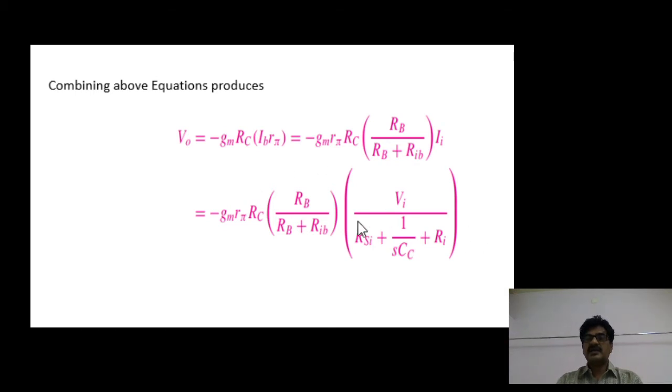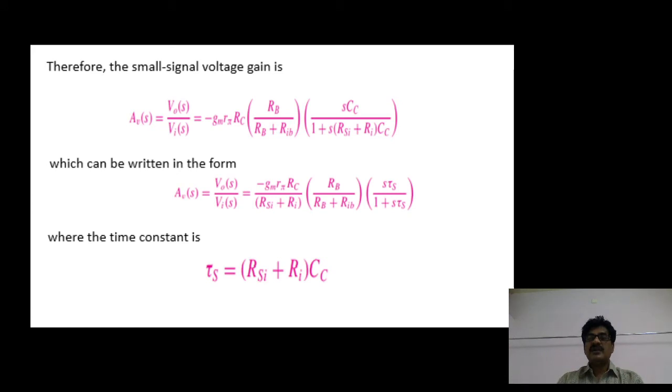Substituting V pi, then IB, then Ii, finally the voltage gain Av equals V naught by Vi, which equals minus gm Rc into RB by RB plus Rib into sCc divided by 1 plus s of Rsi plus Ri into Cc.